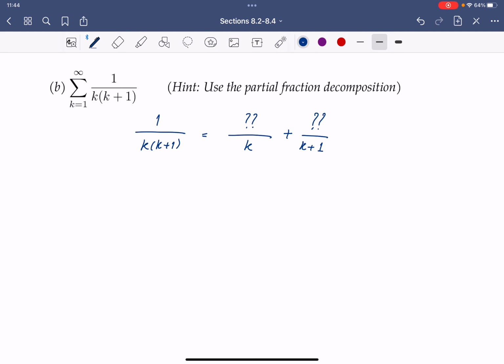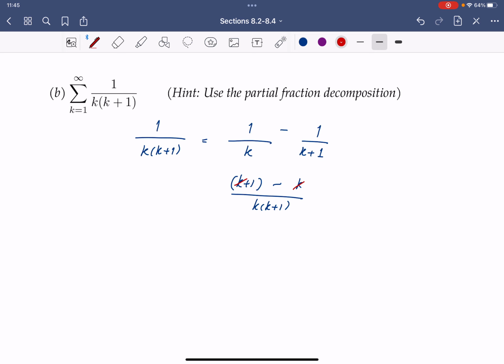If this is 1 and 1, then if you do the cross multiply, it's going to be k plus 1 and then plus k, over k times k plus 1, right? Does it make sense? If I change this sign to minus, perfect, right? Because this is going to cancel, and then it's going to be 1 over k times k minus 1.